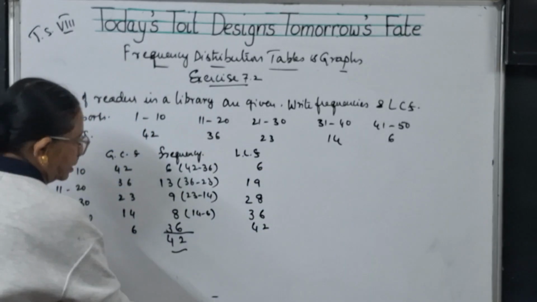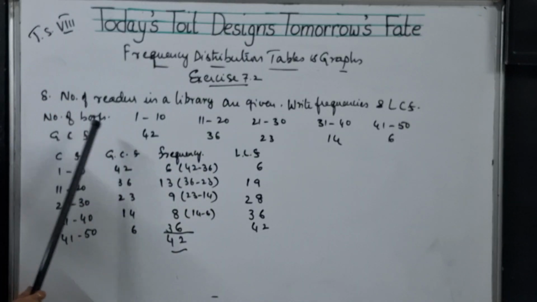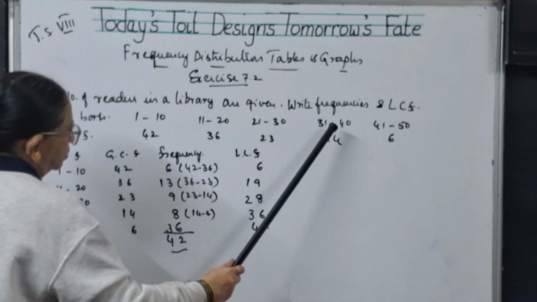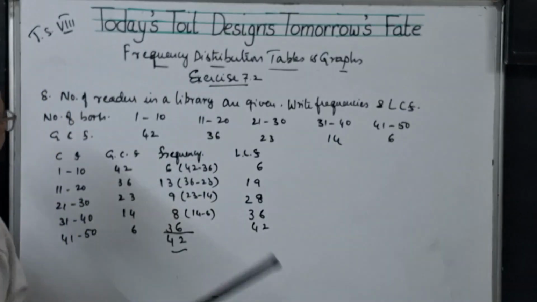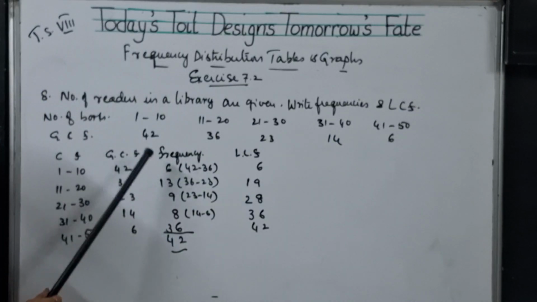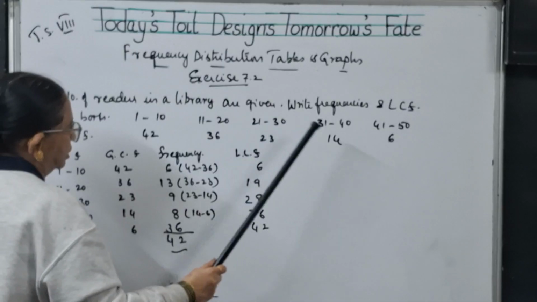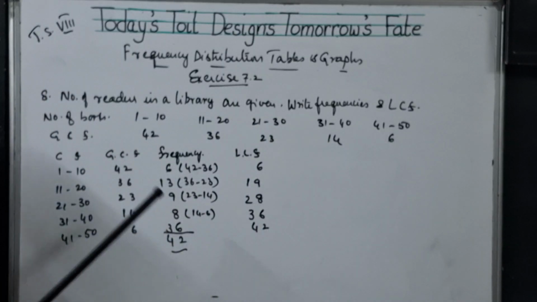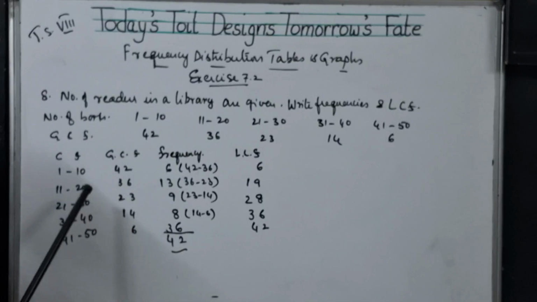Once again, they have given number of books 1 to 10, 11 to 20, 21 to 30, 31 to 40, 41 to 50. Greater than cumulative frequency 42, 36, 23, 14, 6. Now you need to find out frequency and less than cumulative frequency.